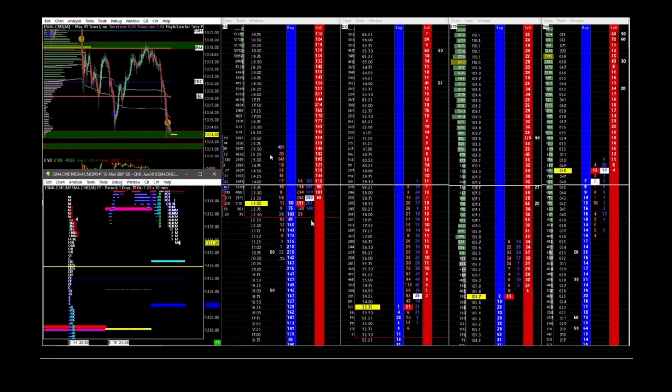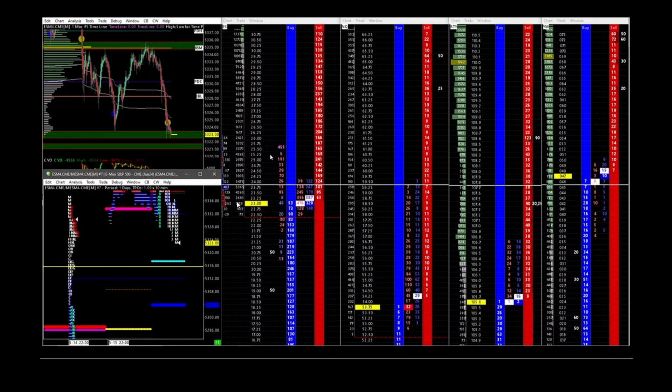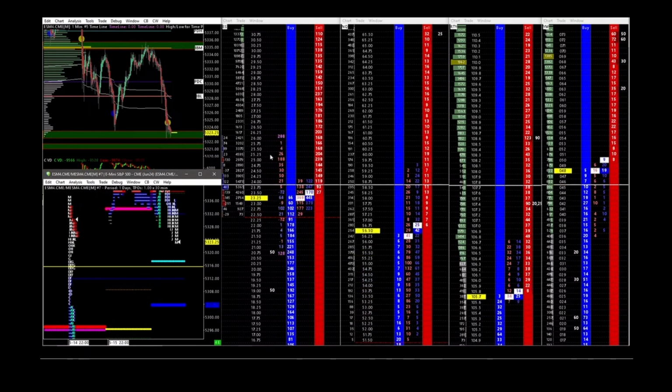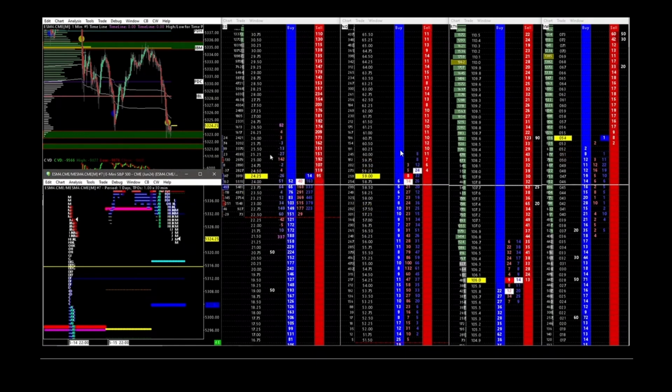And the key thing about this is eventually, once the buyers start stepping in aggressively here, this will go. Because look at this, we've seen 4,260, 2,683, 1,500 contracts. That's nearly 8,000 contracts absorbed at this level, and sellers cannot crack. Now NQ is ticking up.